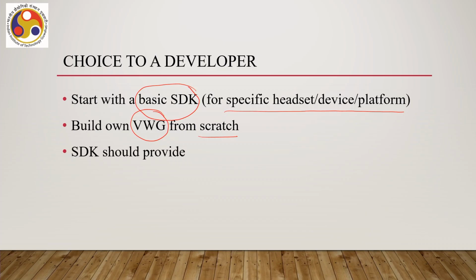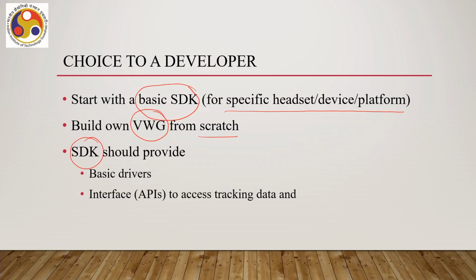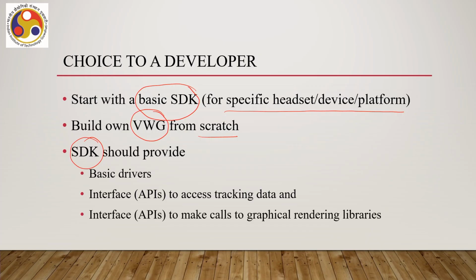Now, in such cases, the SDKs or the development kits should provide basic drivers to drive the hardware, interface or APIs to access tracking data, and APIs to make calls to graphical rendering libraries. That is typically what SDKs are expected to do.